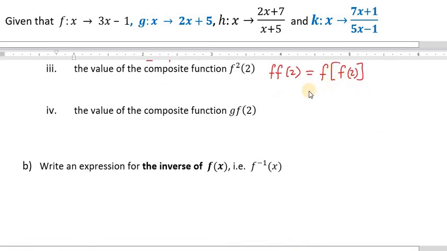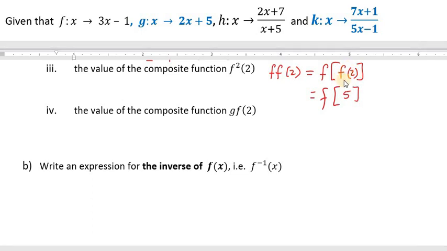So f of 2 is the same thing as 5. So we're replacing f of 2 with 5. Now we have the input value being 5 in the function f, because f of 2 can be replaced with 5. So it's 5 in f. The function f is f of x equals 3x minus 1.